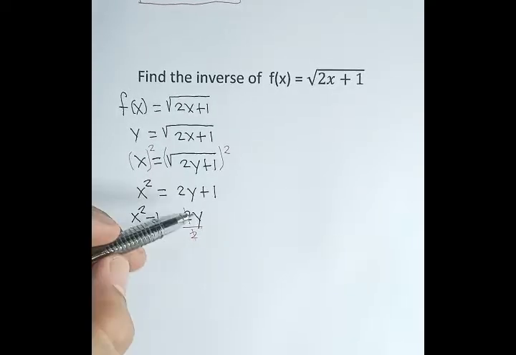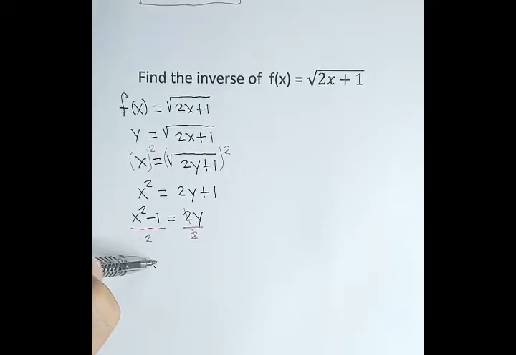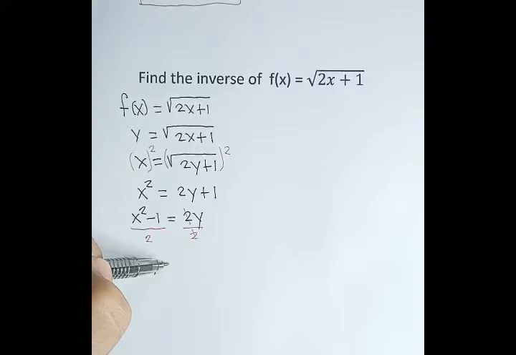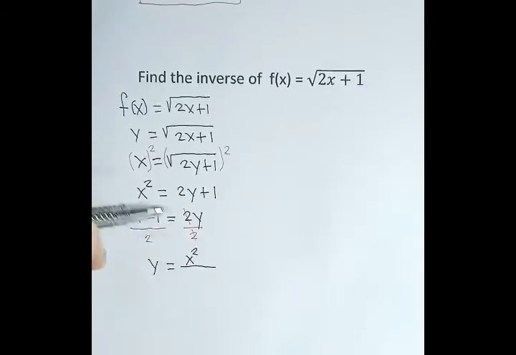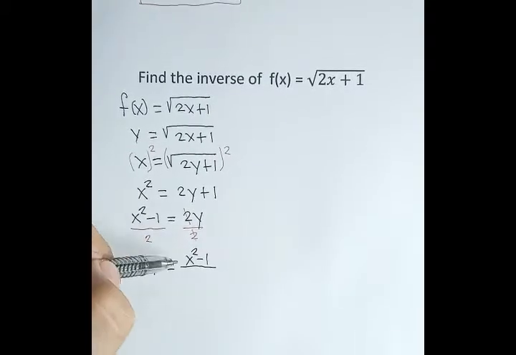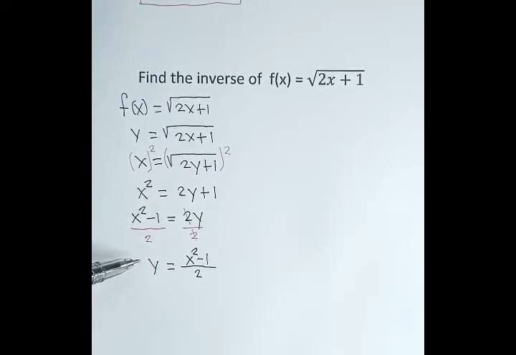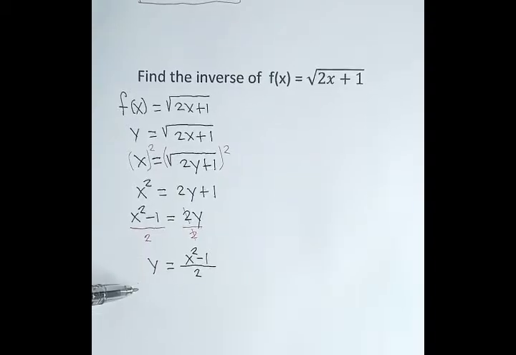So y remains here, since the 2 was cancelled, and we put this expression on the right side. So we have x squared minus 1 over 2. Okay? And then this y we change to our symbol for the inverse function.